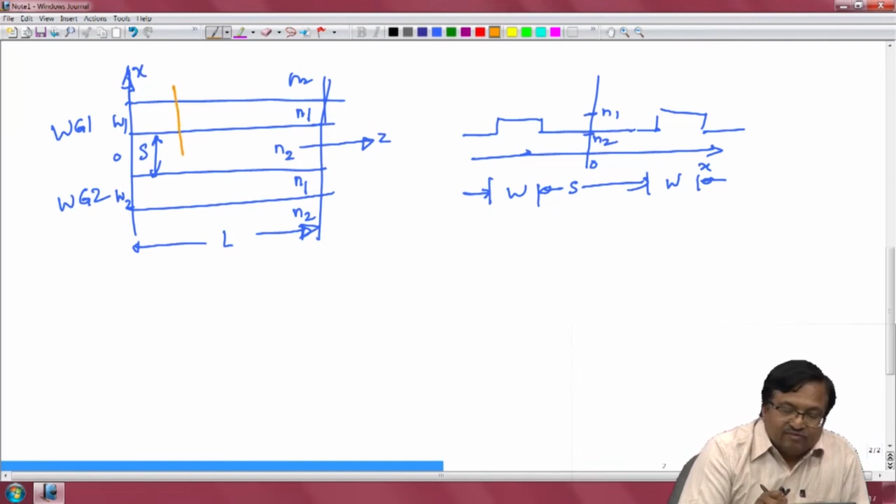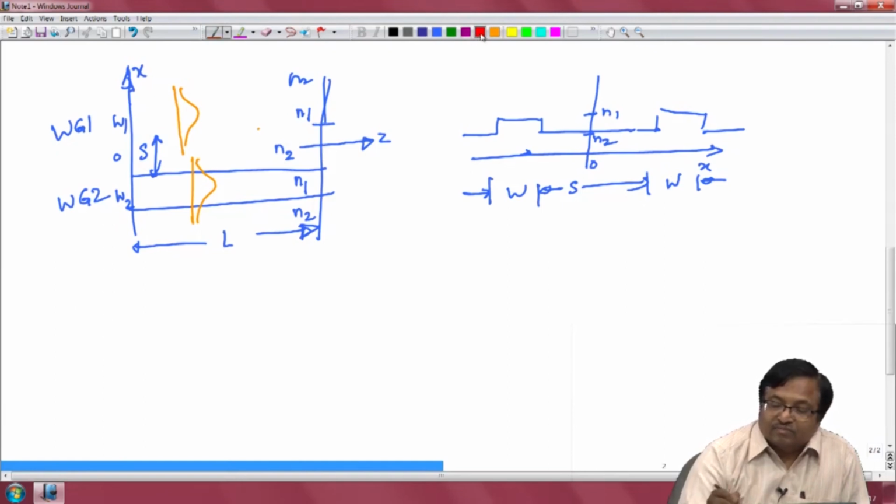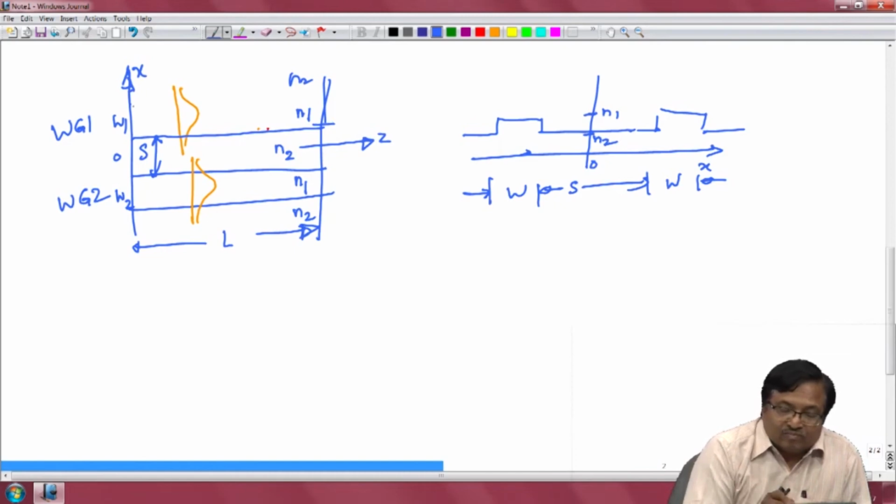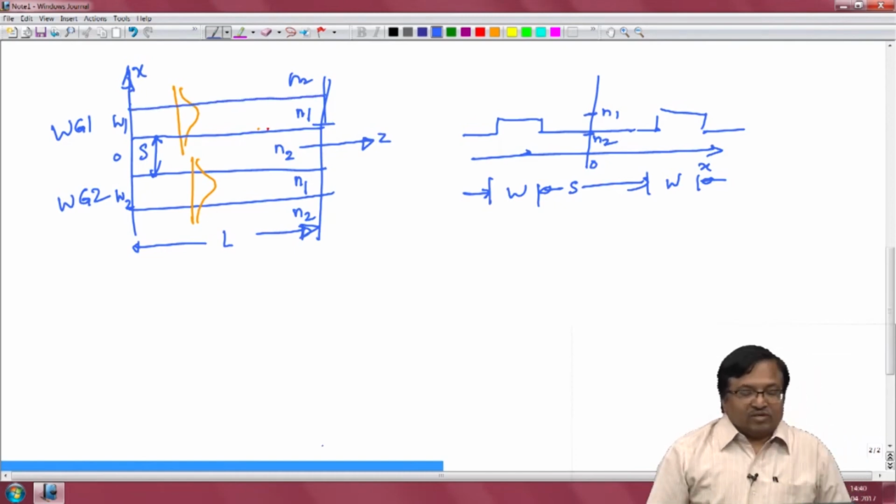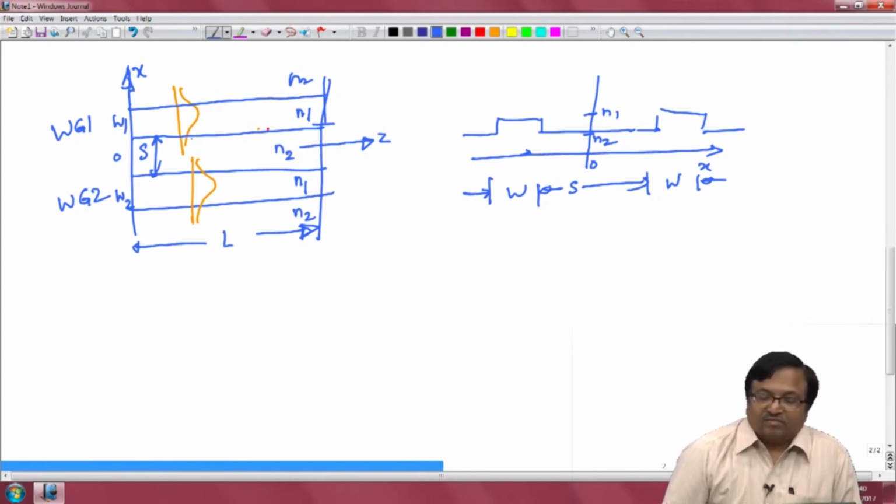The individual waveguides have their mode fields known, because we can solve for the propagation constants and the mode fields, as we have done earlier. So, individual mode fields of the waveguides are known.